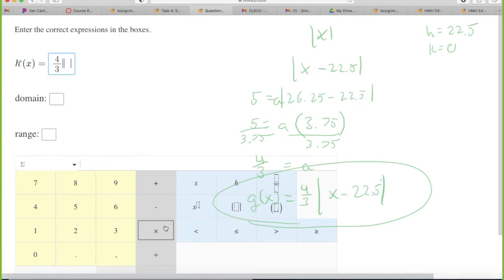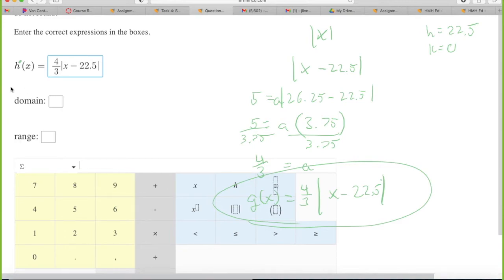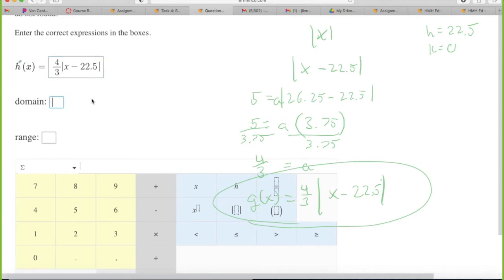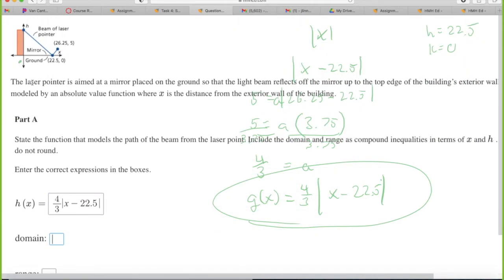Make sure you hit the X, not the times button. x minus 22.5. The domain is going to be 0 to 26.25.